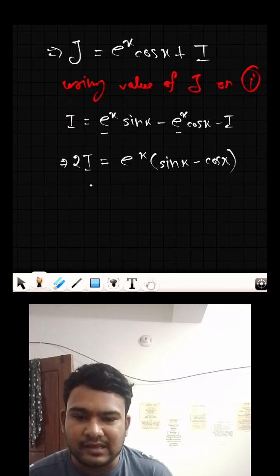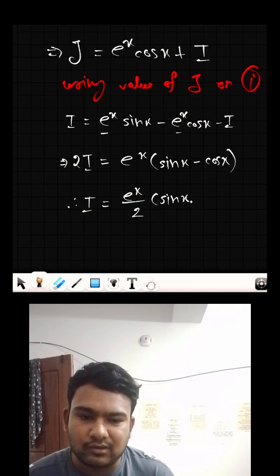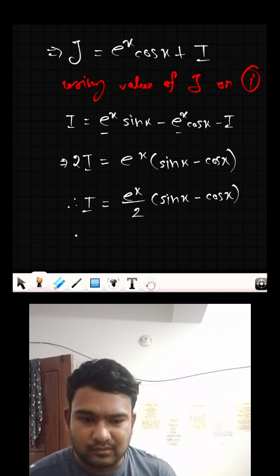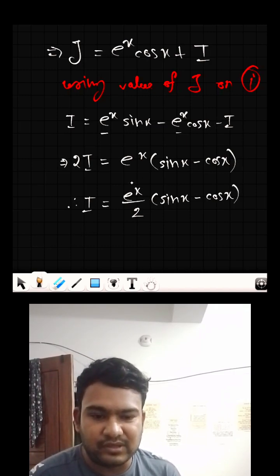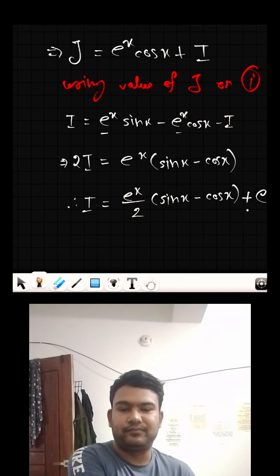Okay, so I equals e to the x over 2 into sin x minus cos x. And since our integration is completed, we take plus c as the integral constant.